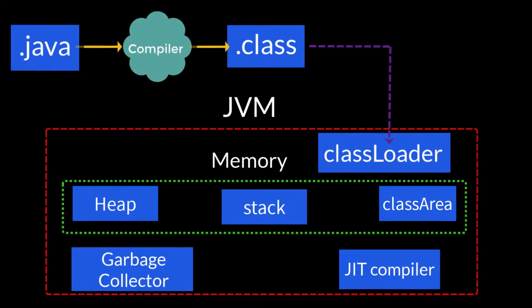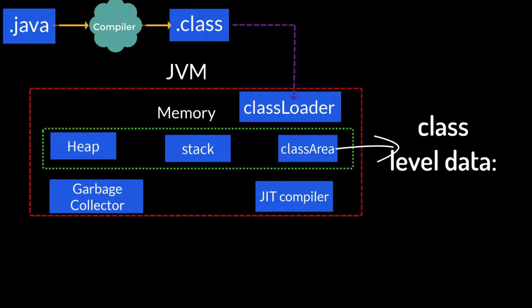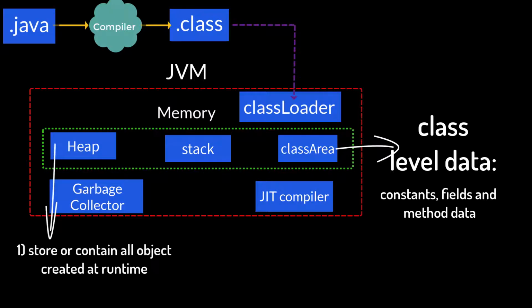So the first memory is class area, which basically stores the class level data of every class, like constants, fields, and method data. Now second, heap. All runtime classes are loaded into the heap space. Java heap space is used throughout the application lifecycle, and heap contains all the objects which are created.